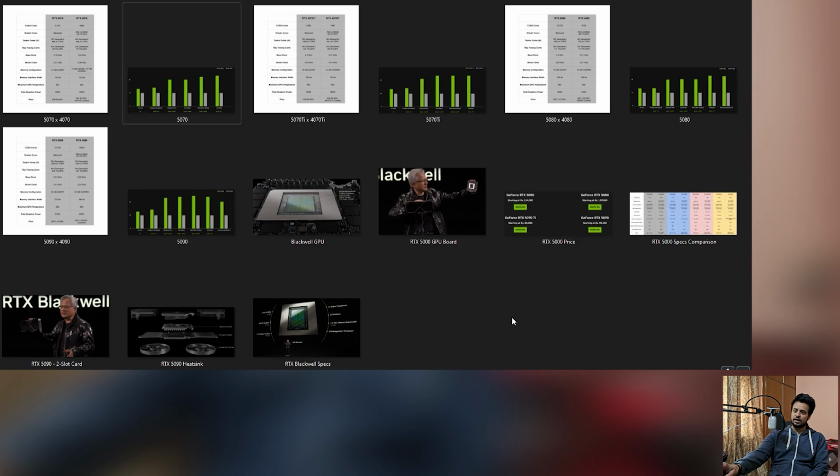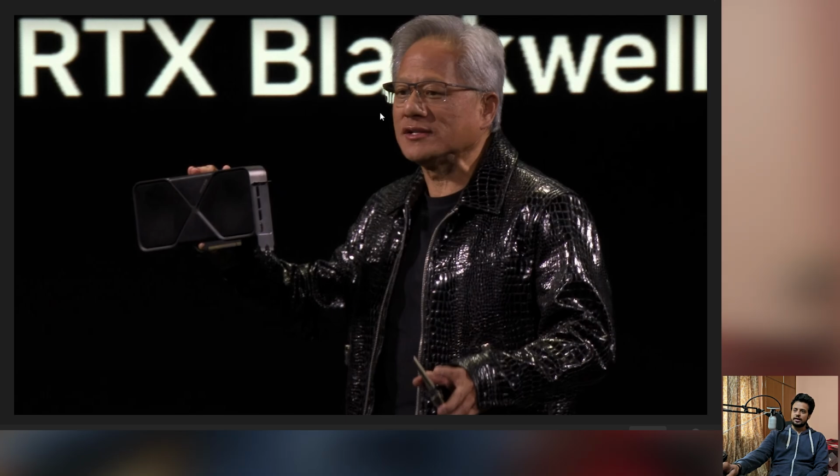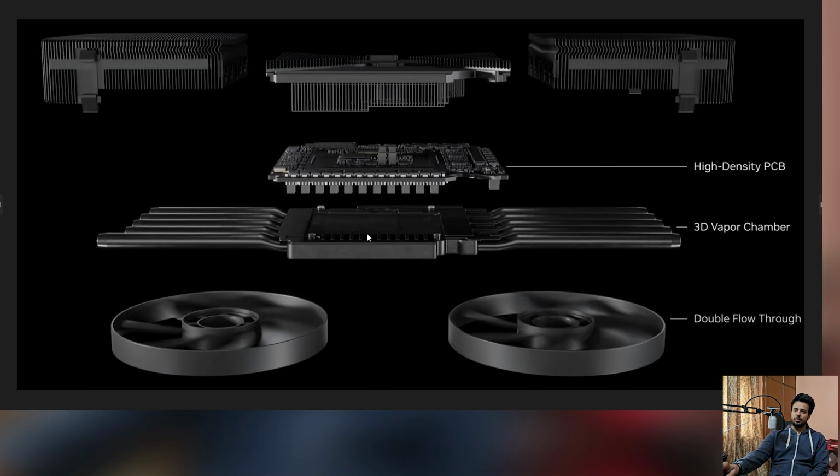Before that, I would also like to show you something cool. And here we have Jensen holding the RTX 5090, and it's a proper 2-slot card. It's a very small card. They were probably able to do this because of the redesigned cooler. It has a full flow-through.